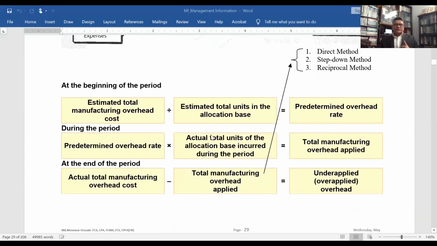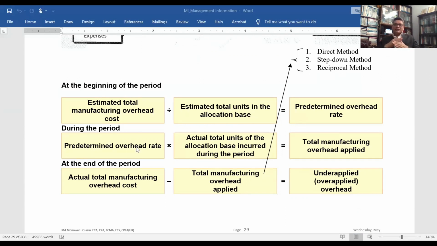At the beginning of the period, we estimate the total manufacturing overhead, and if we divide this total estimated manufacturing overhead by the estimated total number of units based on allocation, then we will get the predetermined overhead rate.